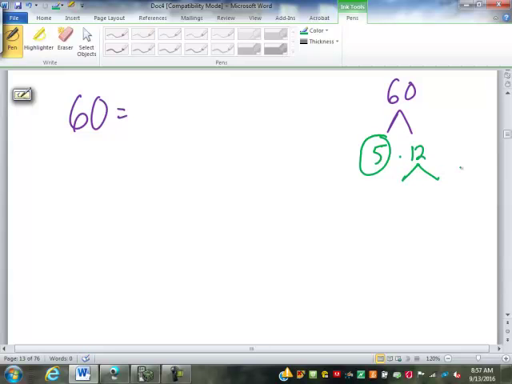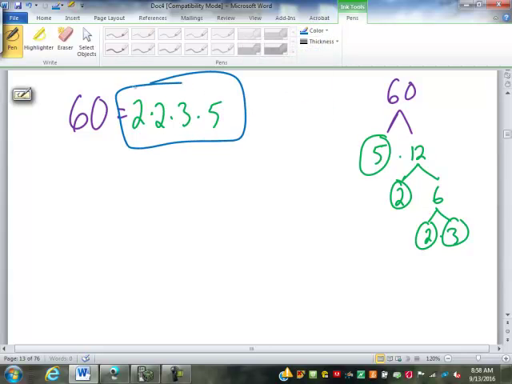No. I can split it up into 2 times 6. 2 is prime, so I circle it. 6 splits into 2 times 3, or 3 times 2. So 60, smallest to largest, is 2 times 2 times 3 times 5. I usually leave it like that, but you could put it as 2 squared times 3 times 5.